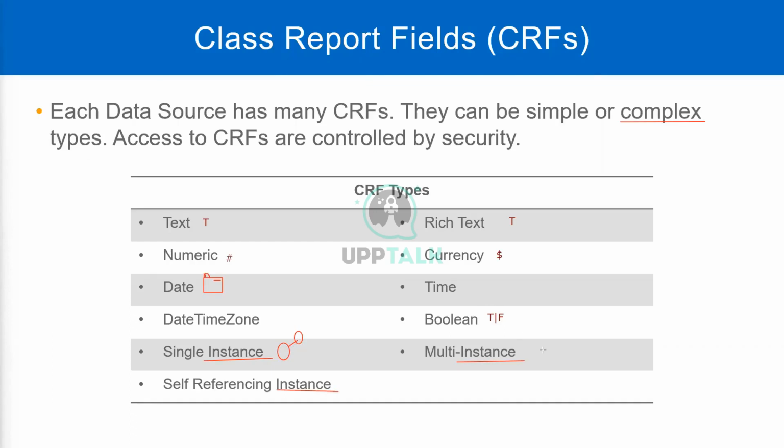Now a multi-instance. The icon looks a little bit different, but it clearly depicts it. I will draw a big diagram so that it is easy for me to draw. So a multi-instance looks like this. Okay, what I drew looks like the paw of a cat, so let me draw a proper one.